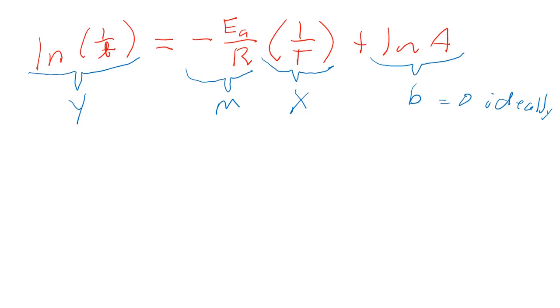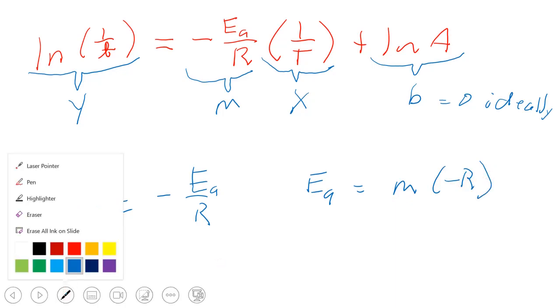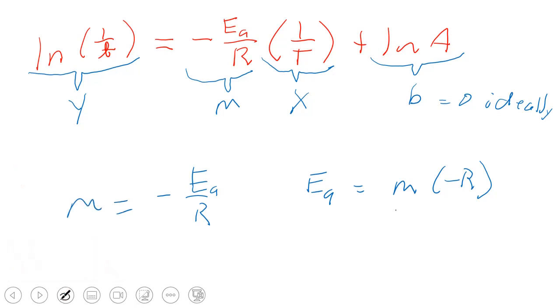So once you get the slope of your graph, you know that the slope of your graph is negative Ea over R. So to get Ea, you're going to take the slope of your graph times the negative of R, and that will give you your activation energy. Just remember, you will need to convert to kilojoules.